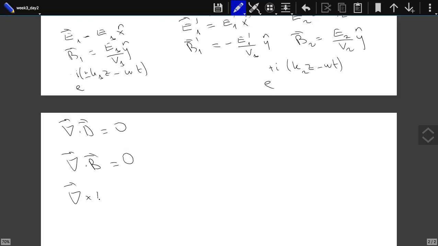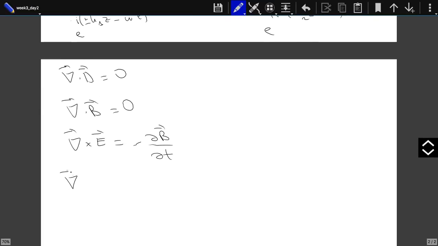Curl of E is minus del B by del t, and curl of H is J plus del D by del t. There are no free charges. They're not moving around.